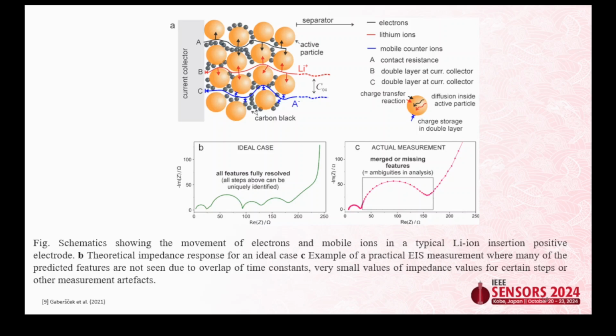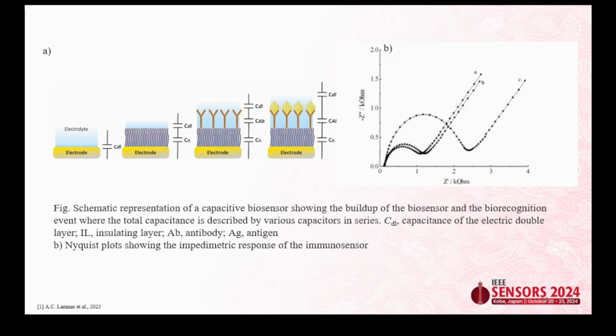So next are biosensors. In the case of biosensors, the most commonly used are capacitive biosensors, which are a combination of antigens and antibodies. If you see on the left, we are putting the antibodies over a conducting substrate or a 2D material, and when there is an interaction of antigen and antibody, they form a capacitive kind of structure.